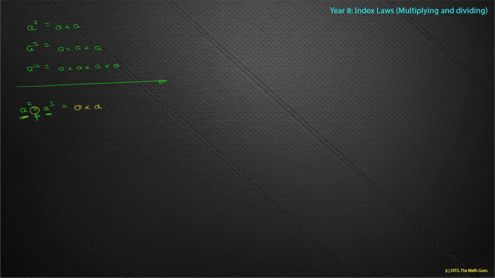And then let's copy this times back in. And then a cubed is the same as a times a times a. But because we've got a whole load of a's, a times a times a times a times a, I can write that as a to the floaty 5. So in shorthand, a squared times a cubed, and notice I call a to the floaty 3 a cubed, is equal to a to the floaty 5.